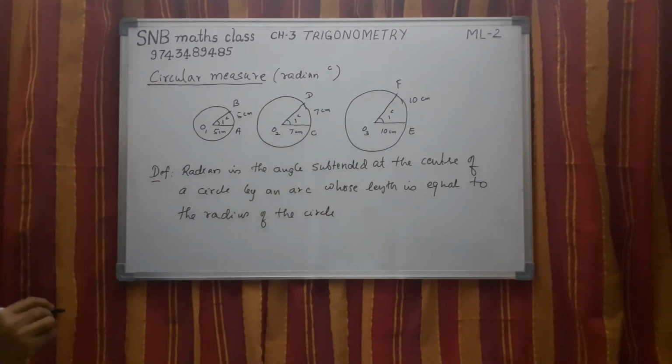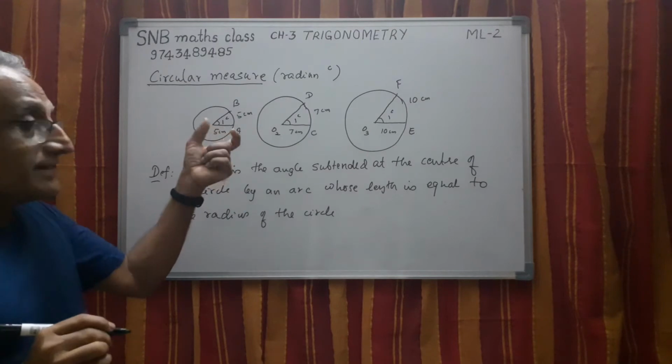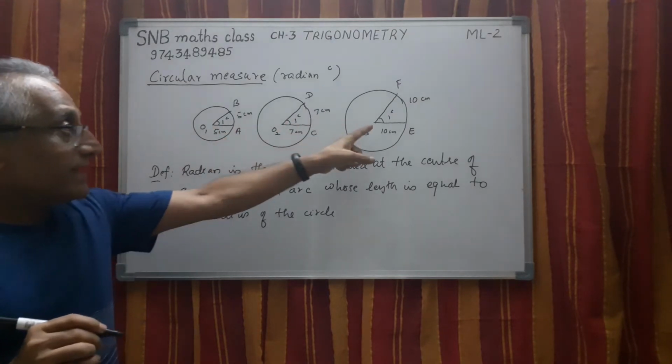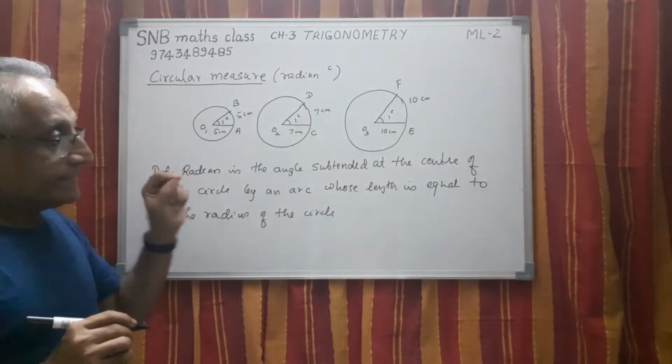So this is the definition. So the arc length and radius must be equal. Then the angle at the center is 1 radian.